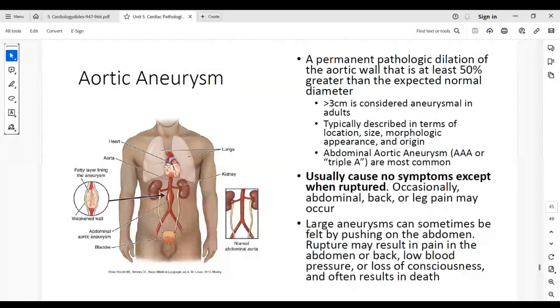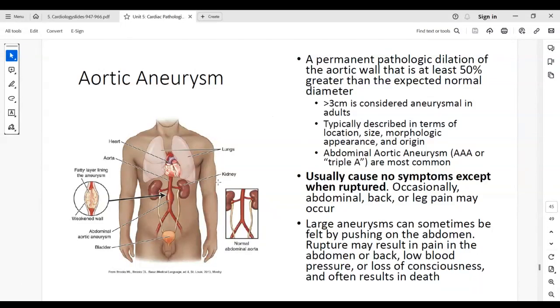Okay, so aortic aneurysm. We have the two lungs, we have our heart, and here the aorta is a major vessel, and we have both kidneys. See, this is abdominal aortic aneurysm bulging here in the abdomen, with a fatty layer lining the aneurysm.